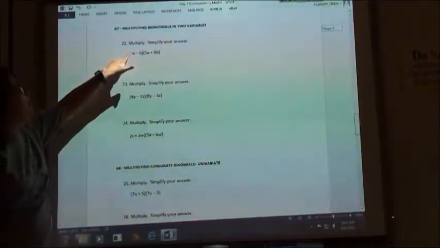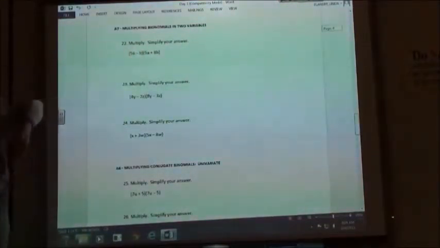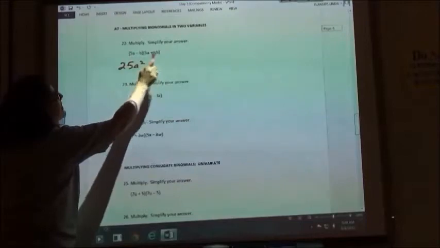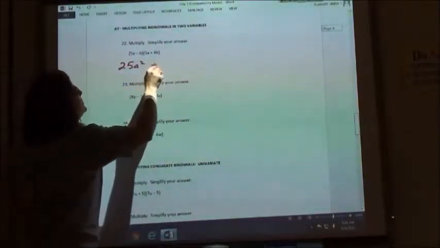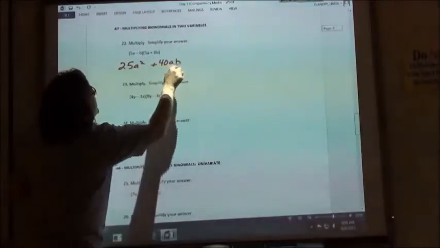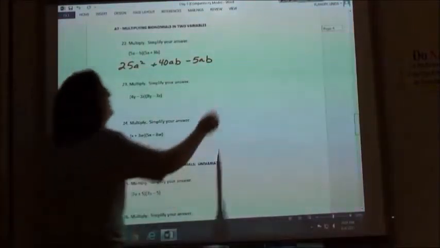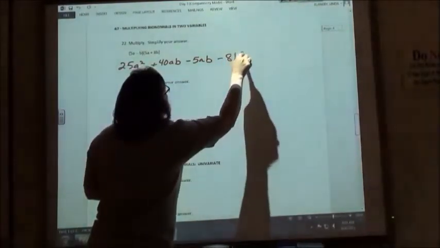So first pair, 5a times 5a would be 25a squared. My outside pair, 5a times positive 8b, positive 40ab. My inside pair, negative b times 5a, negative 5ab. And then my last pair, negative b times positive 8b, negative 8b squared.